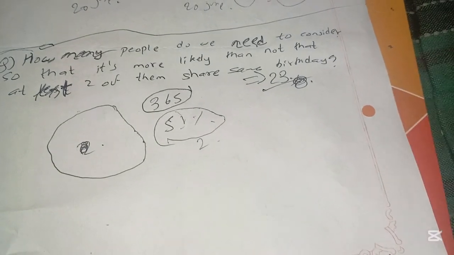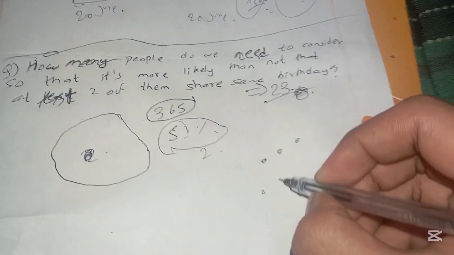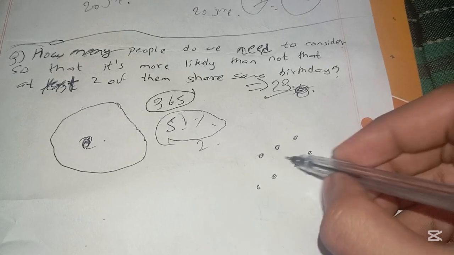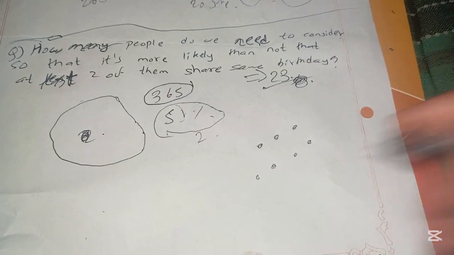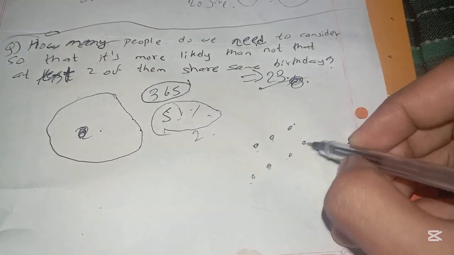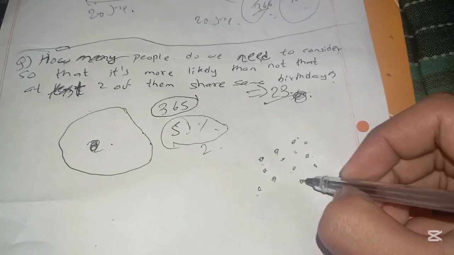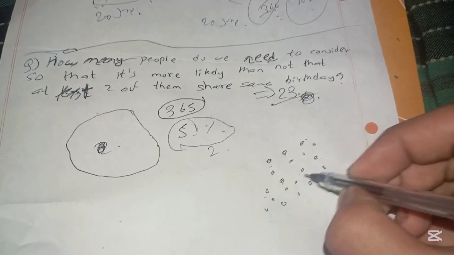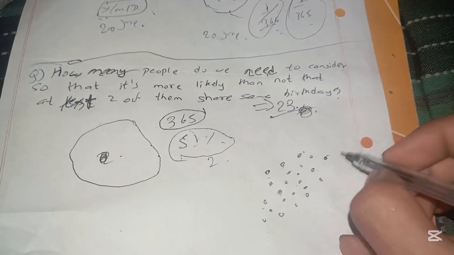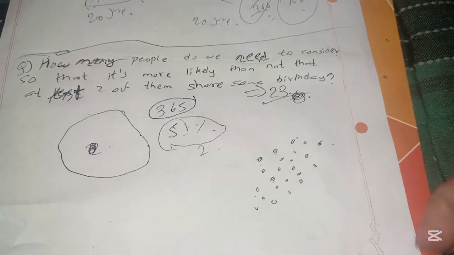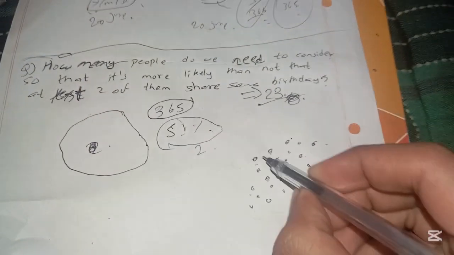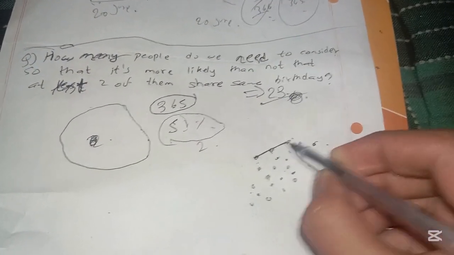So how? Out of 23 people, 23 is going to be a lot of dots. 1, 2, 3, and so on up to 23. What we're asking here is, there are a lot of pairs possible.